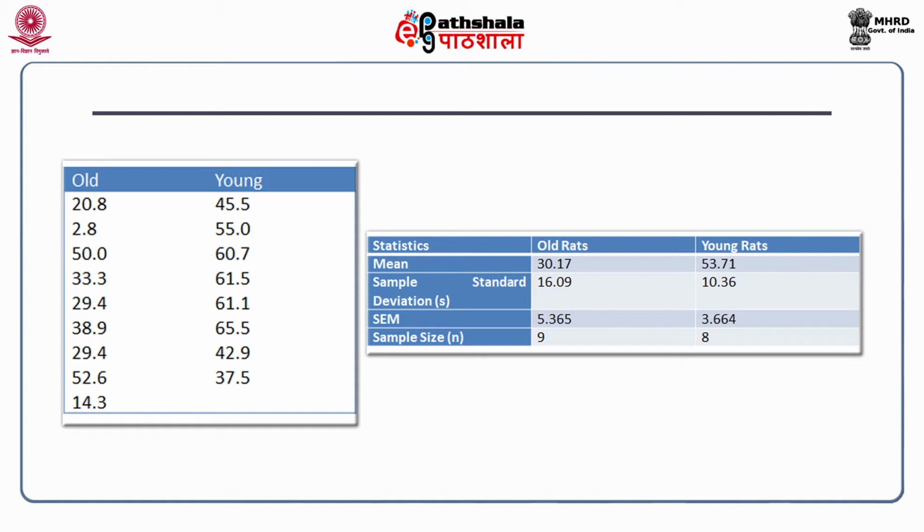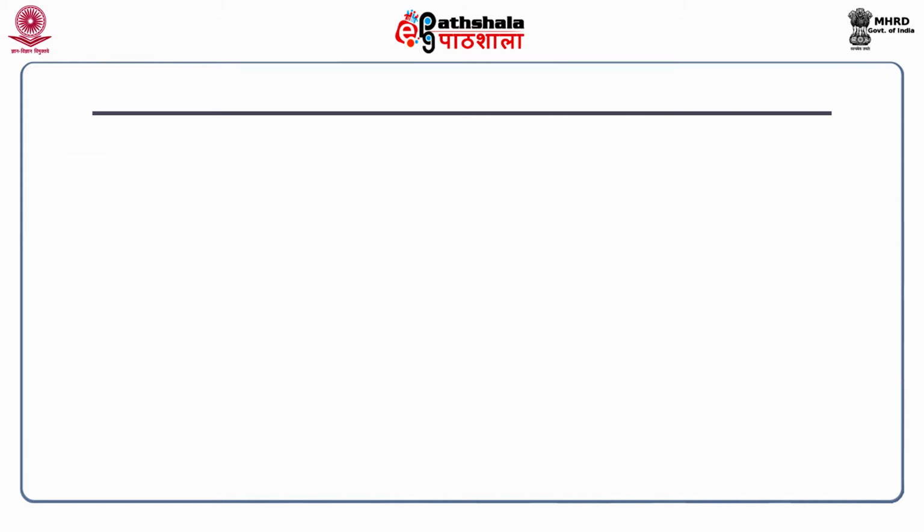The means are 30.17 and 53.71, with the sample standard deviation, standard error of the mean and sample size given, from which we can calculate the F ratio: S1 by S2 whole square, that is 16.09 divided by 10.36 whole square, that is 2.41.